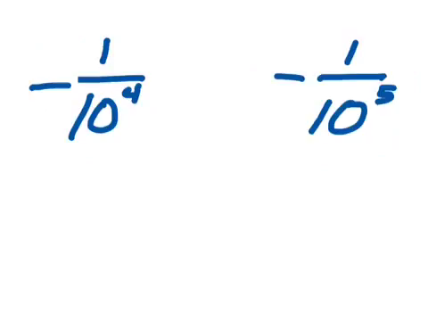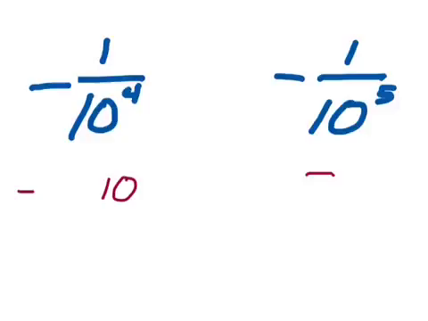Now, looking at a problem like this can be very confusing: negative 1 over 10 to the 4th power and negative 1 over 10 to the 5th power. First of all, these are both going to be negatives, so let's put a minus sign. Since this is a 1 over situation, the exponent really is a negative; it started out as a negative.